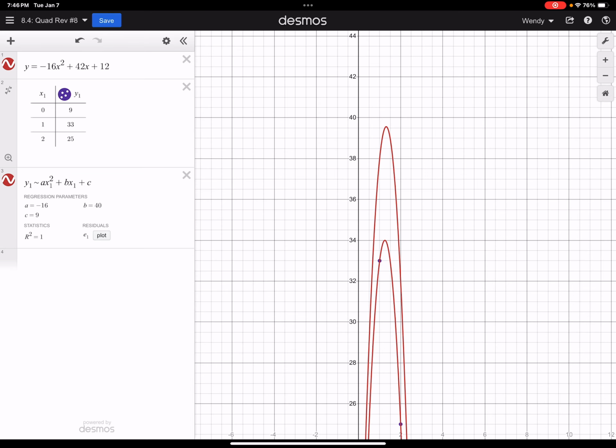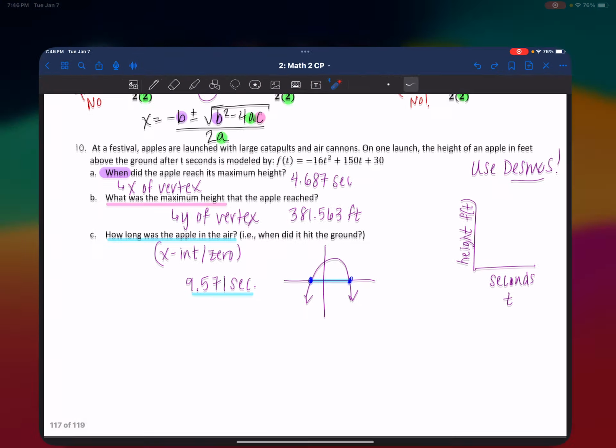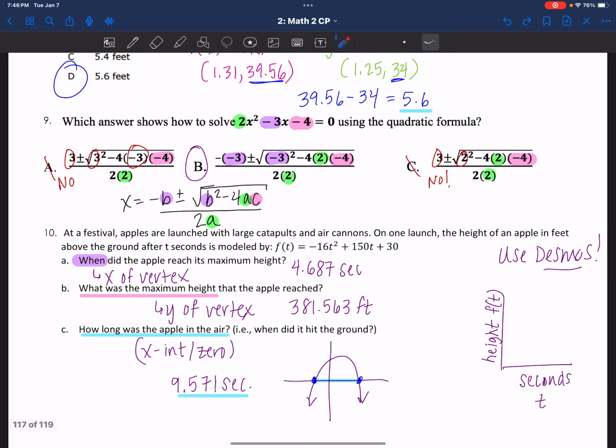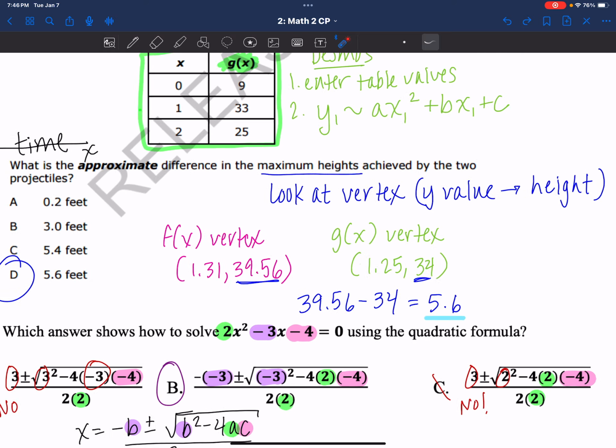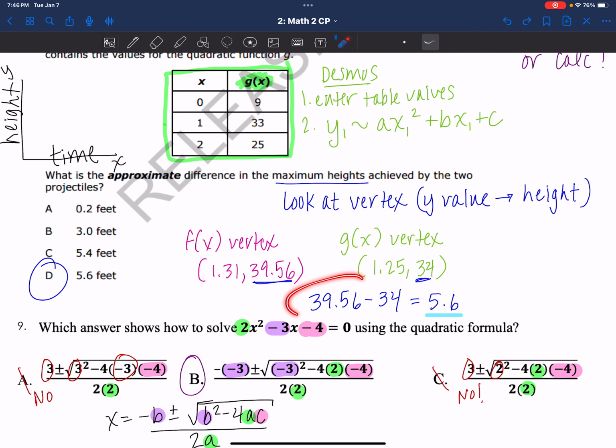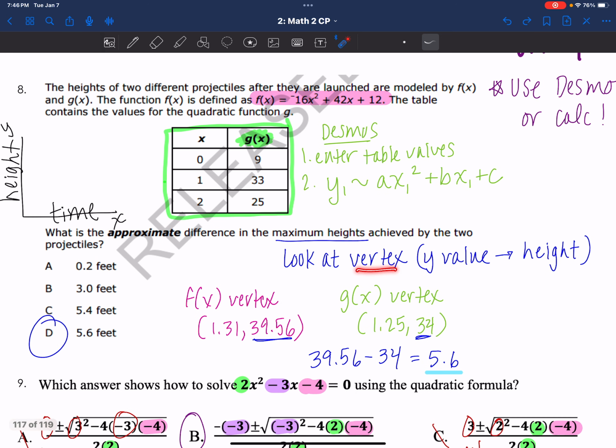So you're subtracting your y values, and you're going to get 5.6. Definitely make sure you're looking at the vertex. You're going to talk about the y value, since the y value is height.